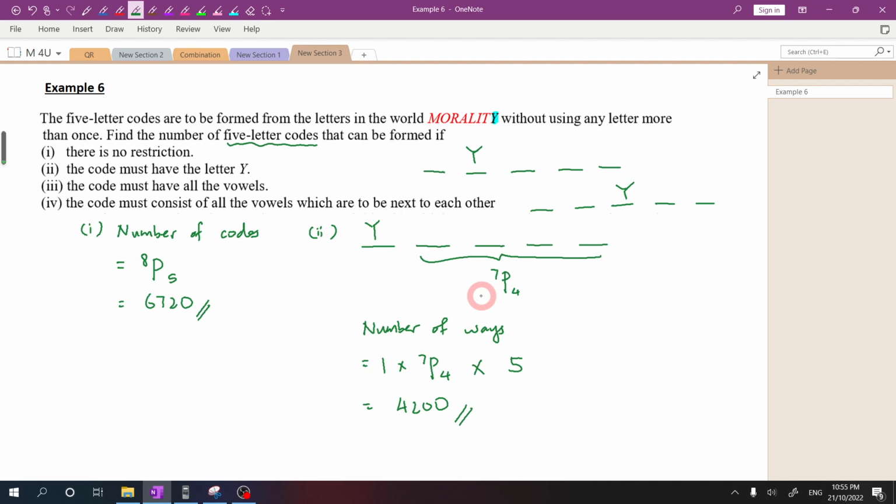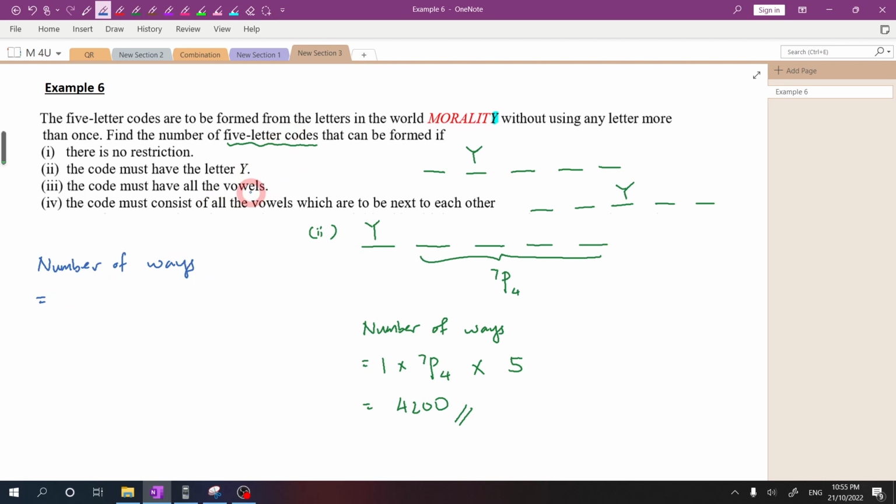So second method, I'm going to use a combination together with the permutation to help us get the answer. Number of ways, or you can say number of codes.